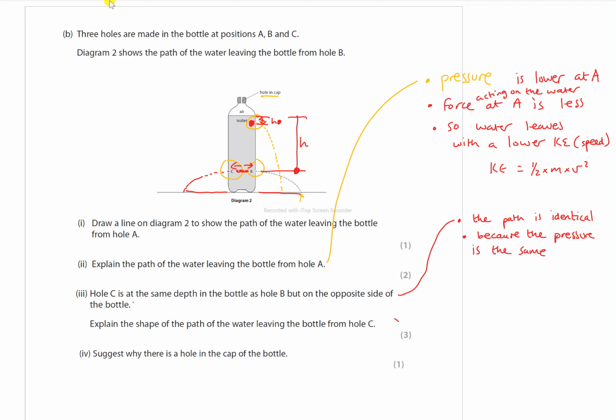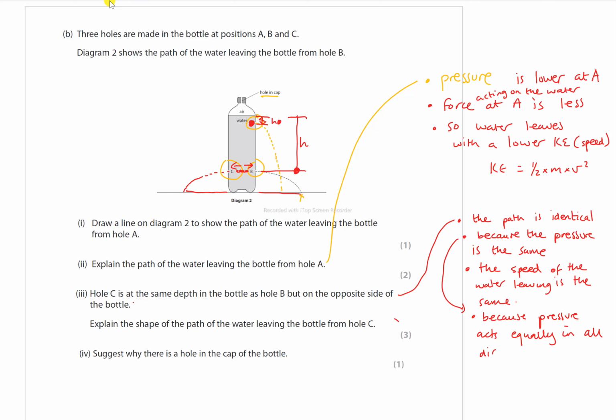Because the pressure is the same, the speed of the water leaving is the same. And the reason the pressure is the same here is because pressure acts equally in all directions. Right.